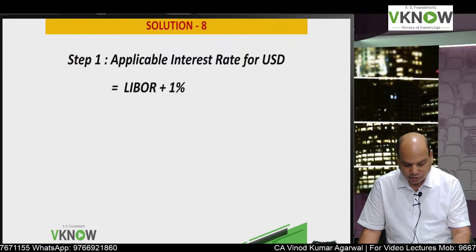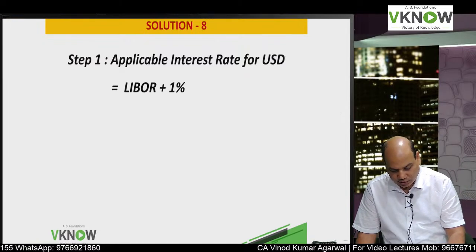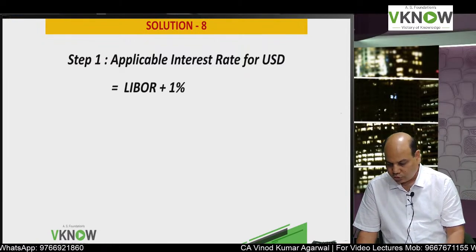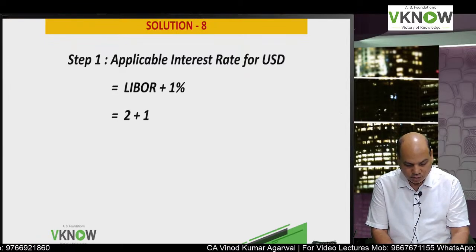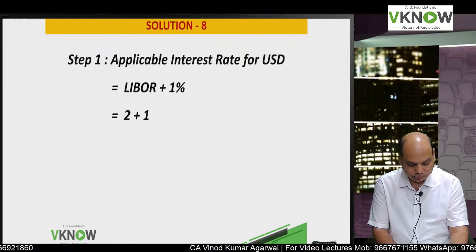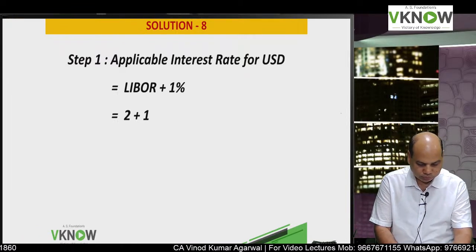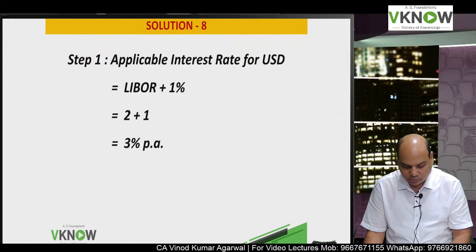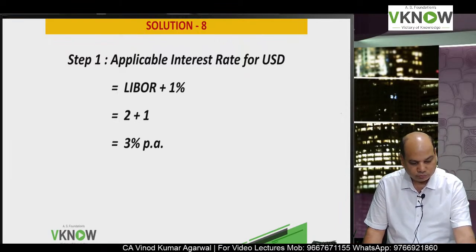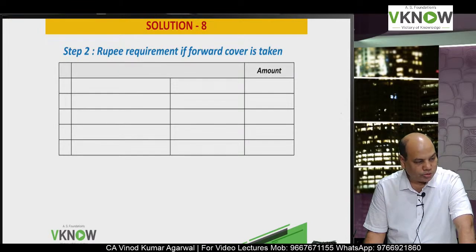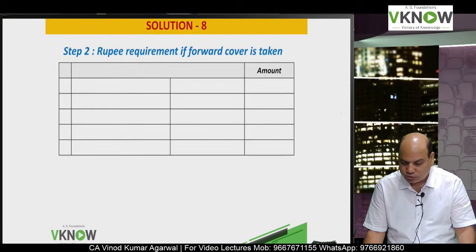So dear student, write down applicable interest rate for USD: LIBOR plus 1, that is 3%. Now I am going to use this LIBOR plus 1, 3%, to solve the question.